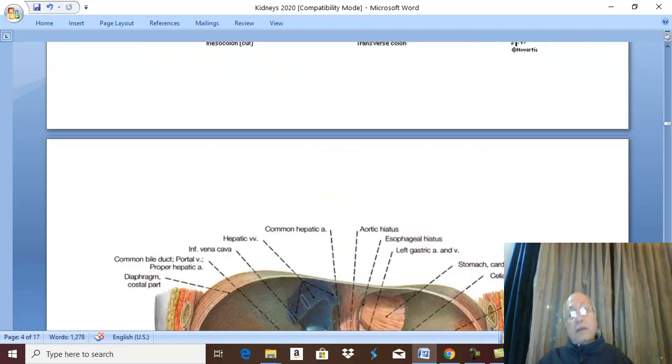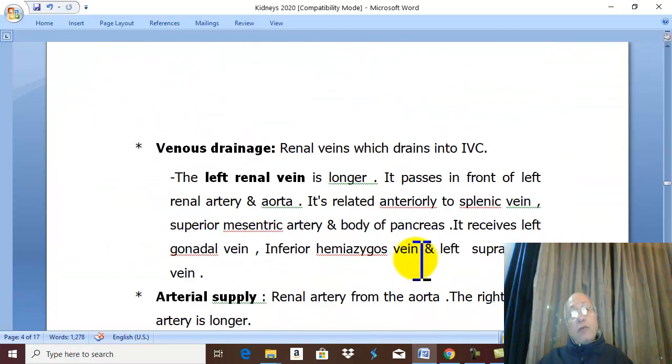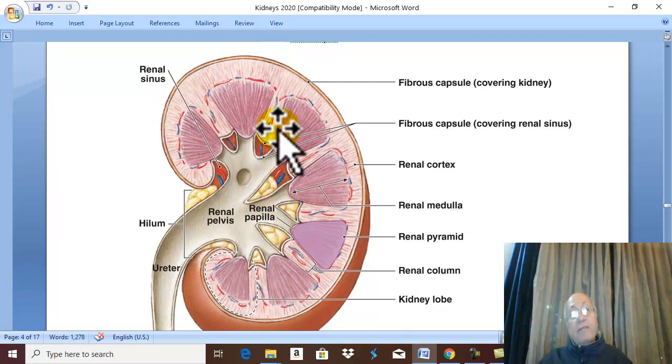The lobes of the kidney. In early fetal life and early infancy, the lobes of the kidney are represented on the surface and appear on the surface, but disappear later on with progressive age.